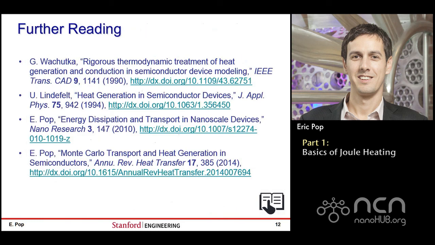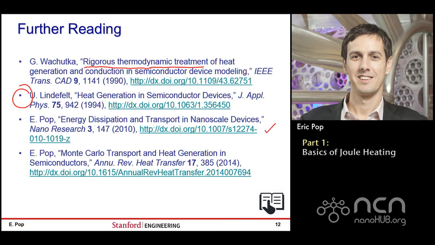I will wrap up this first short lecture by proposing a few review articles for further reading. Gerhard Wachutka's Rigorous Thermodynamic Treatment of Heat Generation in Semiconductor Devices. Lindefeld's article, which I just mentioned a slide earlier, with the most complete formula for finite element type heat generation that I'm personally aware of.